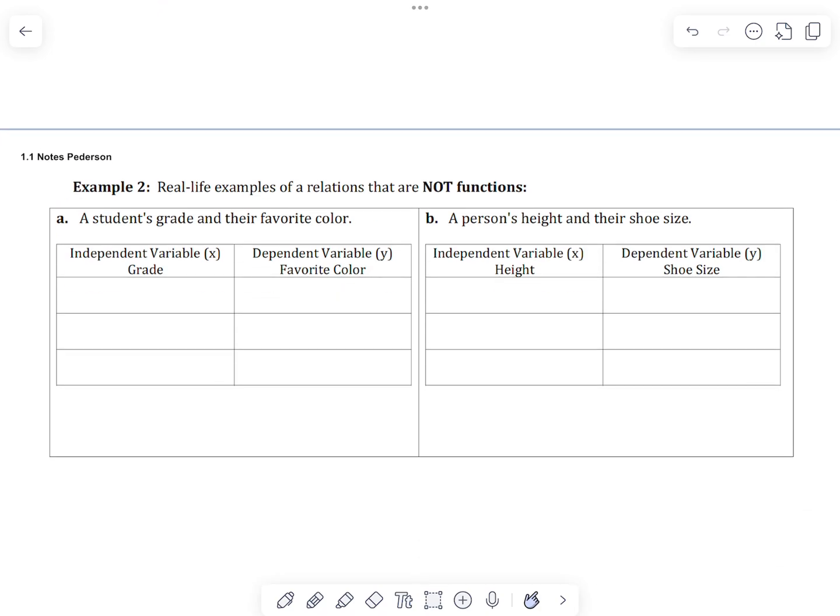Example 2. These are going to be examples that are not functions. A student's grade and their favorite color.